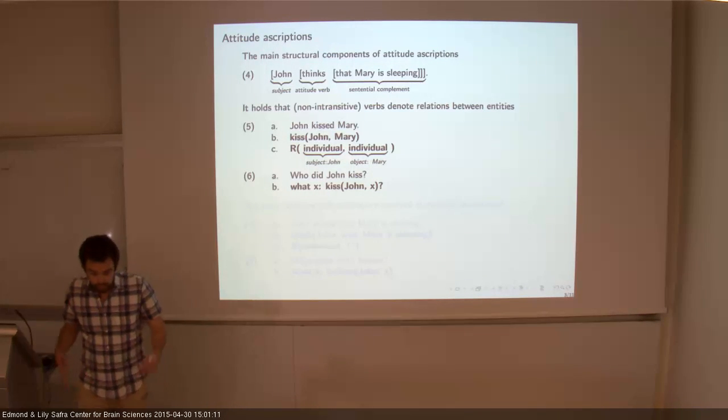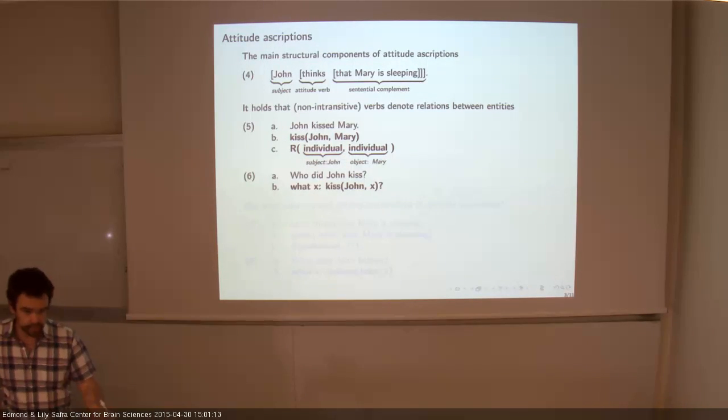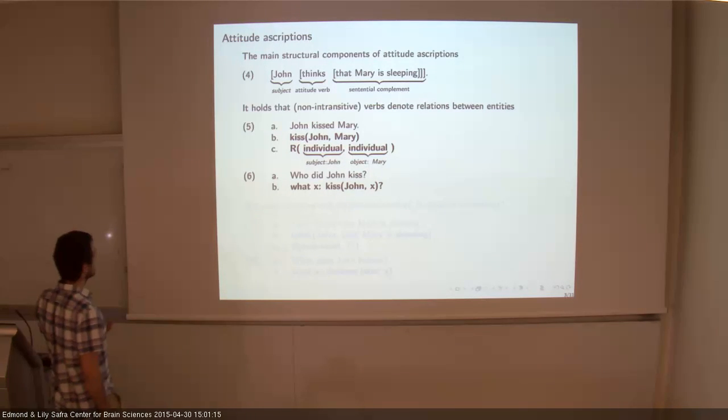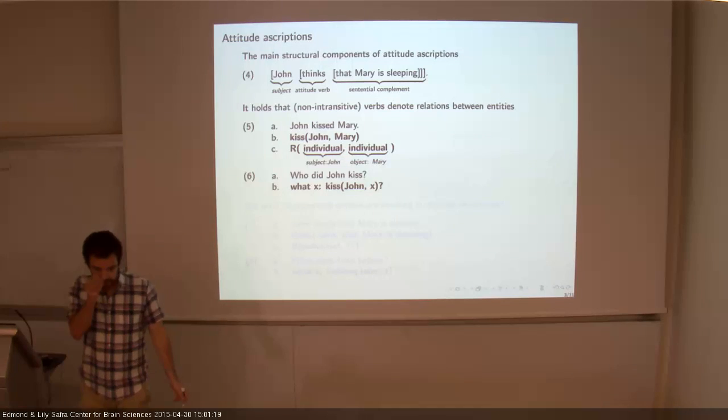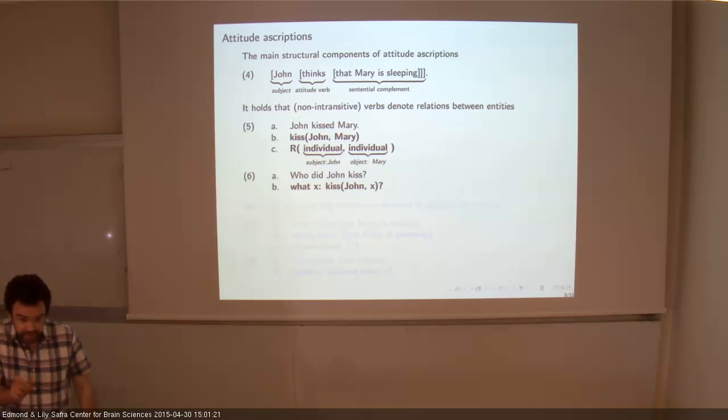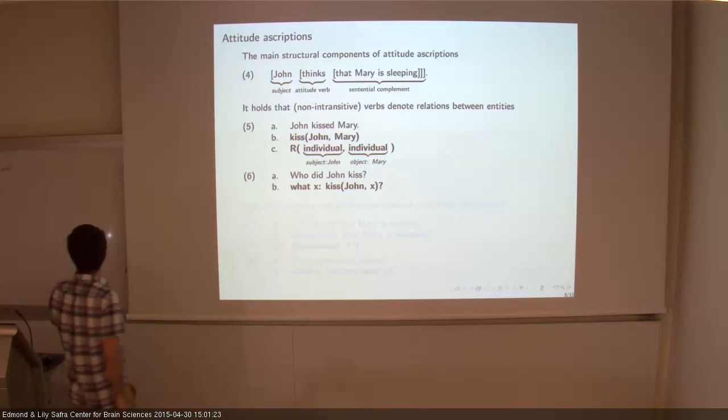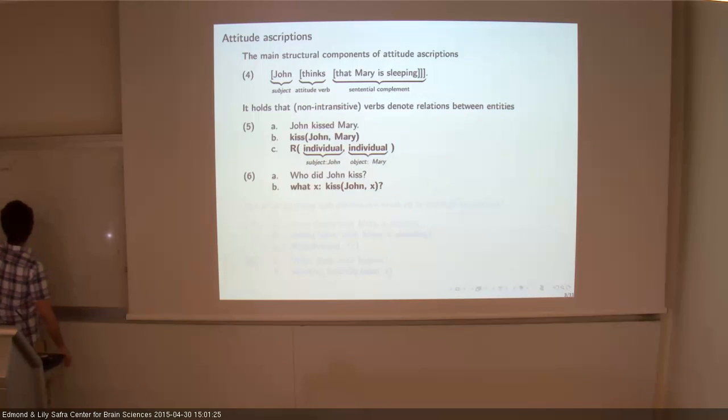of kissing. Of course, as you know from mathematics, and I guess all of you have done some mathematics, if we describe something with a relation, the relation can actually be presented extensionally, right? So what is the extensional representation of the relation of kissing?